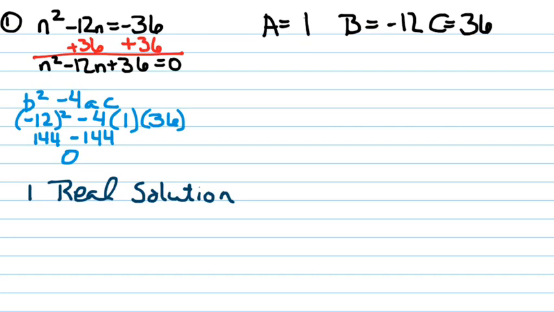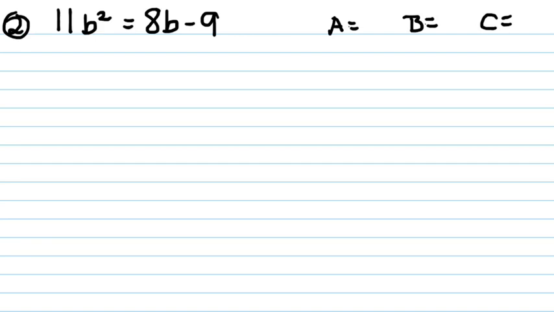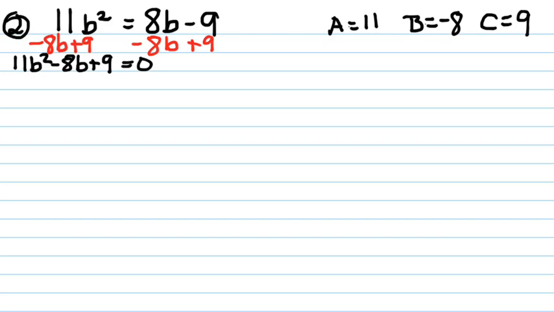Let's do another one. So on this one, I want you to identify what A, B, and C are, and then come back. So you have moved everything over and you found out that the A was 11, the B was negative 8, and the C was 9. Now we're going to plug into the formula. B squared minus 4AC. So B squared, that is going to be negative 8 squared minus 4 times 11 times 9.